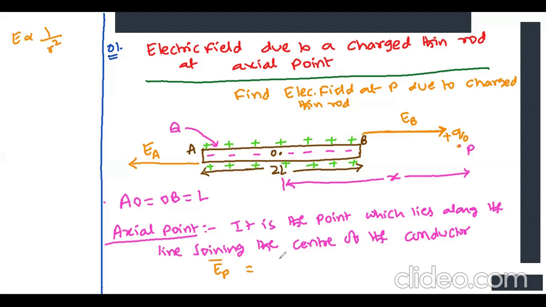In vector form, I can write EB i cap plus EA times minus i cap. So, EP bar equal to EB minus EA times i cap.